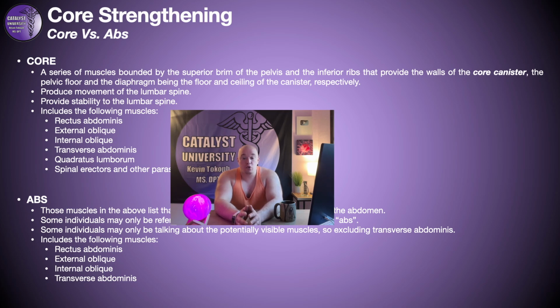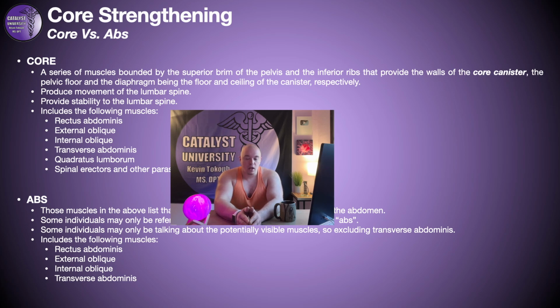It also serves to generate movement of those same regions. A lot of these muscles also help to compress the abdominal viscera, hold them in place, and maintain a good intra-abdominal pressure with the help of the diaphragm and the pelvic floor, which we will cover in other videos at some point. And each one of these abdominal muscles tends to have its own unique function.